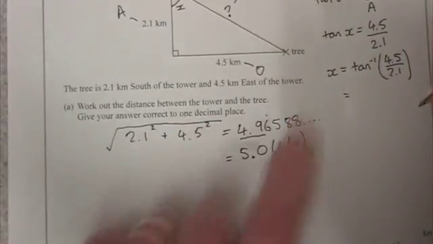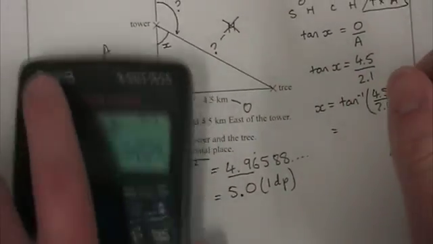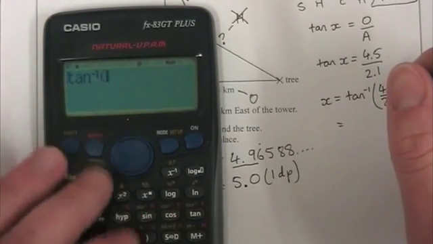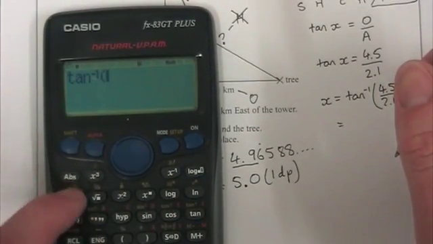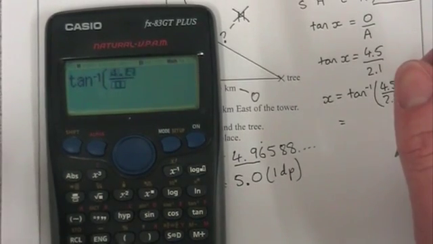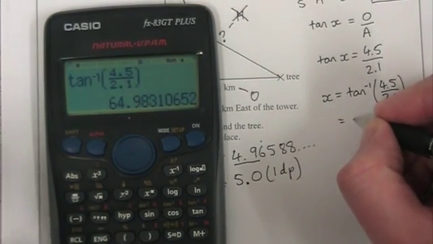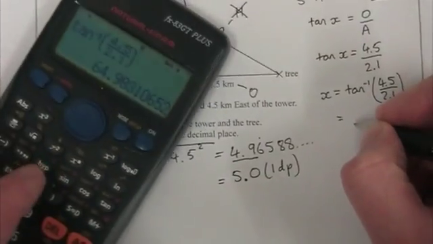And now we're going to use the calculator, making sure that it's in degrees mode. Shift tan, just as a fraction, 4.5 divided by 2.1. And close those brackets. 64.9 degrees.